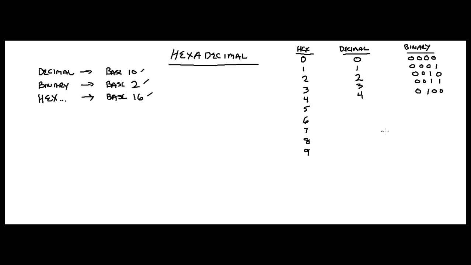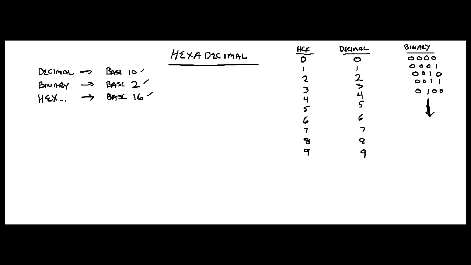Now, I could keep on writing these down over here in binary. I'm just going to point you down here. I'll do it at the end. All right, I think you guys get the idea. Now, 4 goes to 4, 5 goes to 5, 6, 7, 8, 9. Now listen, now we've run out of digits, haven't we?